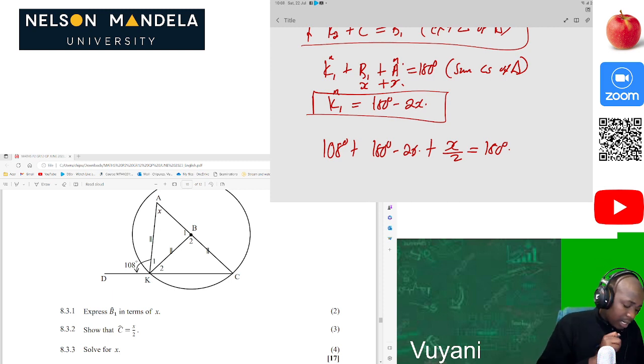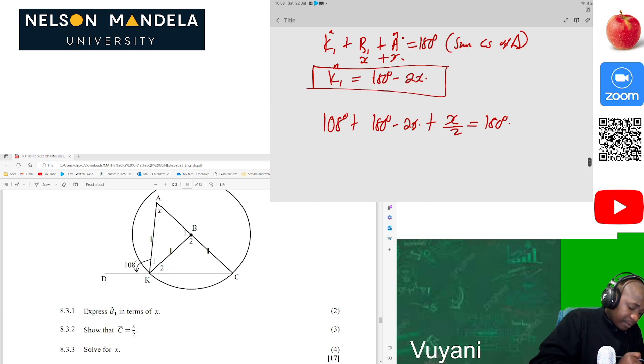From that we can see that this and this cancel, then that will be negative 1 over 2, you got negative 108, then x will be equal to 72 degrees.